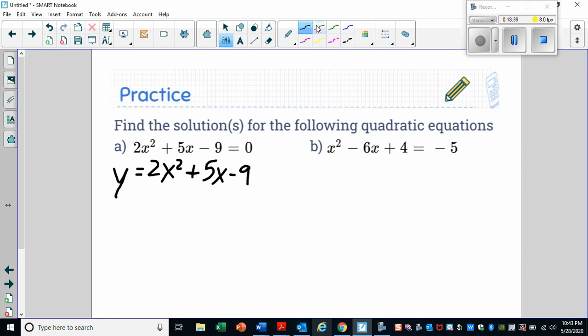Now for this problem, notice how not all your terms are on the left side of the equal sign. So you would have to add 5 and then add 5 here as well. And then your result will be the following.